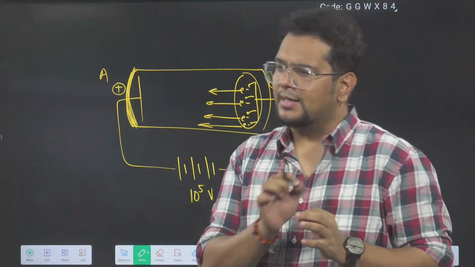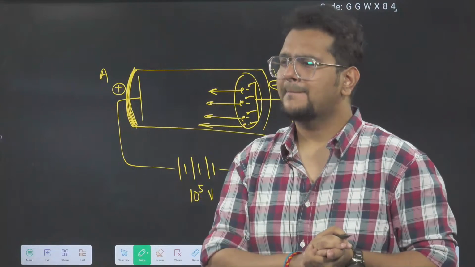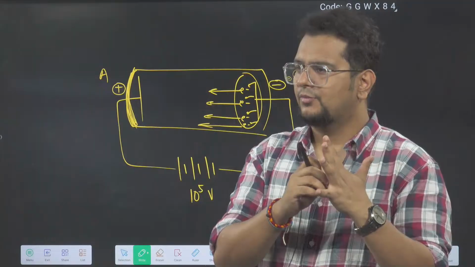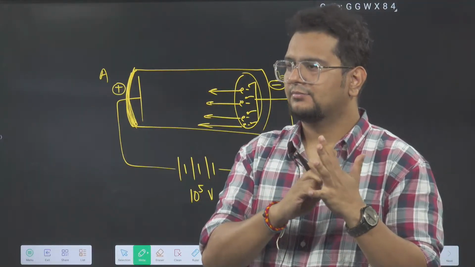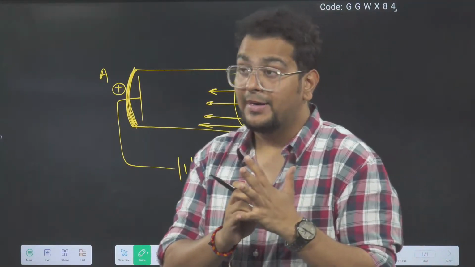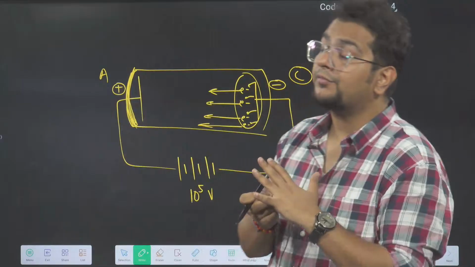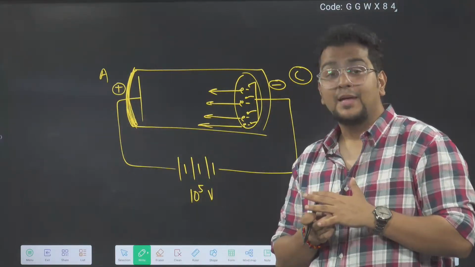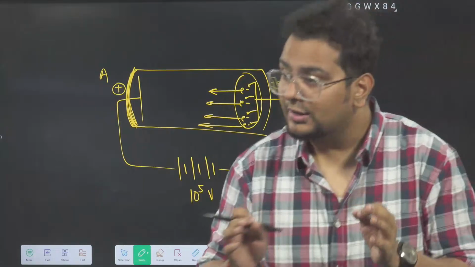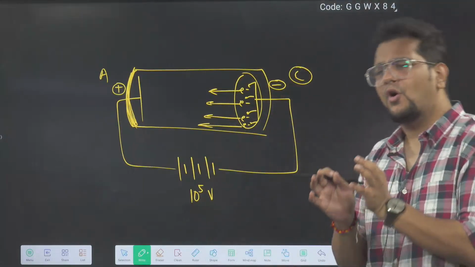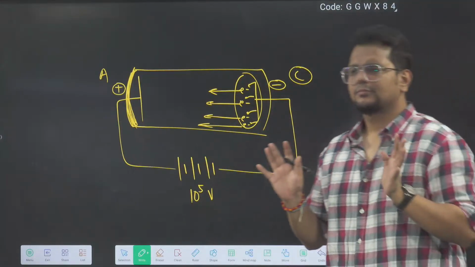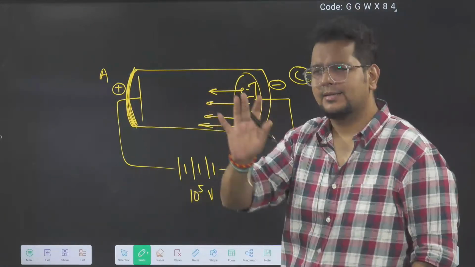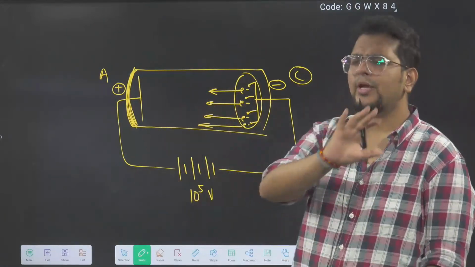Cathode ray particles are the fundamental, basic constituent of all atoms. So any atom you take, any gas you take, the electron would be the same. Up to here we have studied.